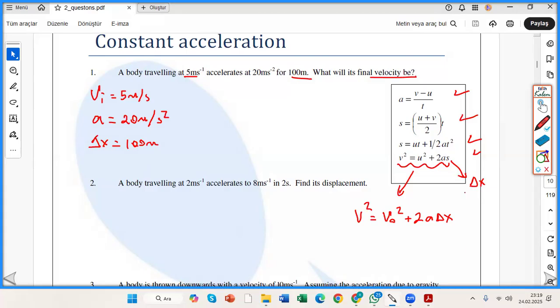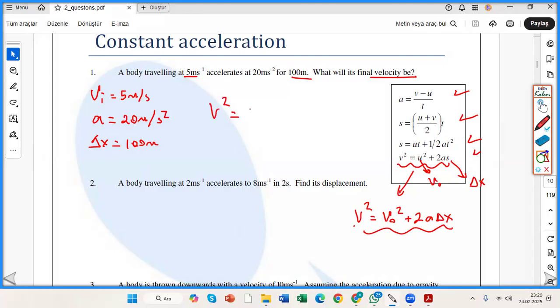In my own way, I write it as delta x, and as you can realize, v0 here represents the initial speed. Okay, if we use this formula, we can easily find the final velocity. Okay, because the final velocity is here, v squared.